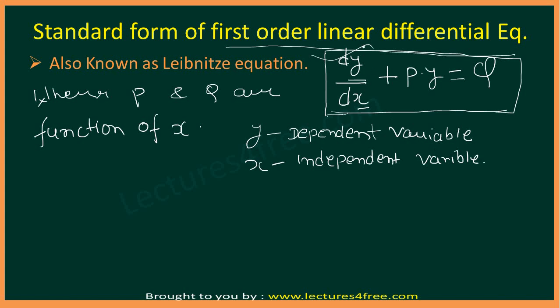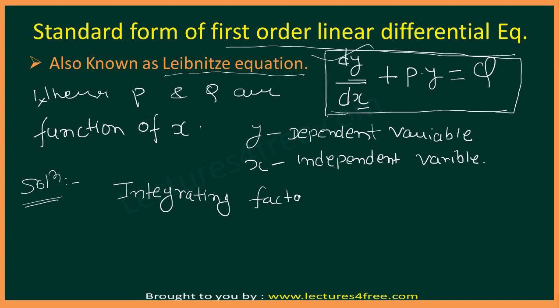So first of all, let's start with the case where y is the dependent variable and x is the independent variable. Then this type of equation, dy upon dx plus Py is equal to Q, is known as the Leibniz equation, and we have to find the solution of this equation. To find the solution, we will multiply both sides with a factor known as the integrating factor.